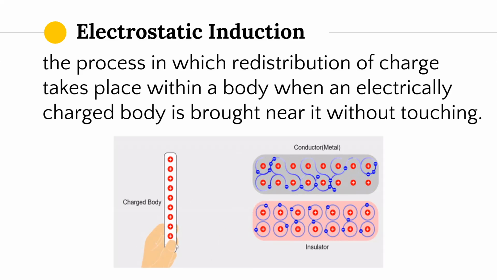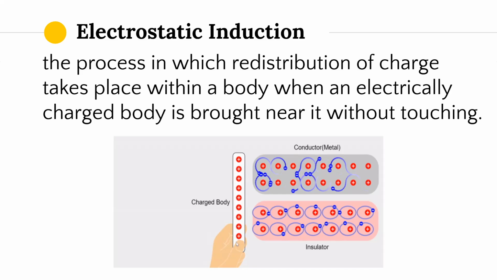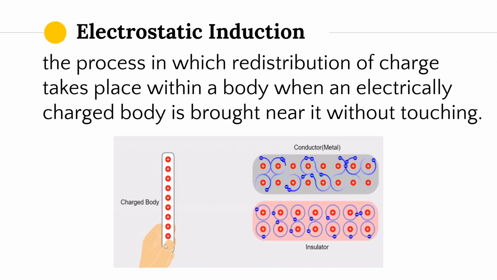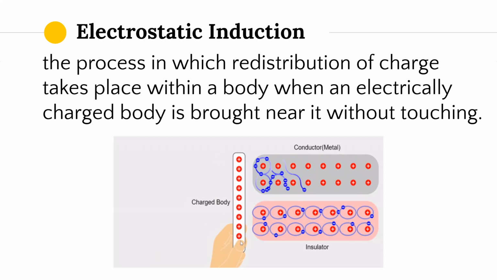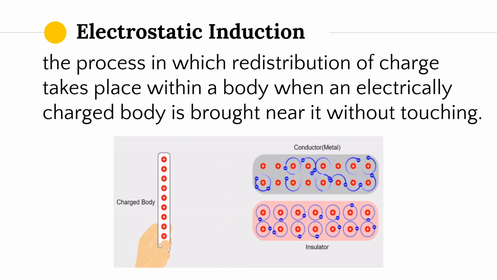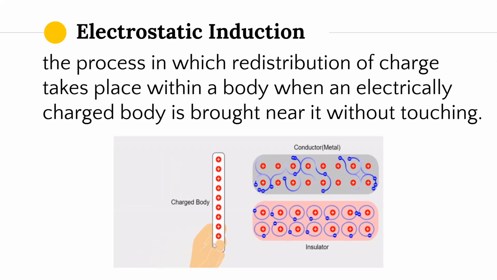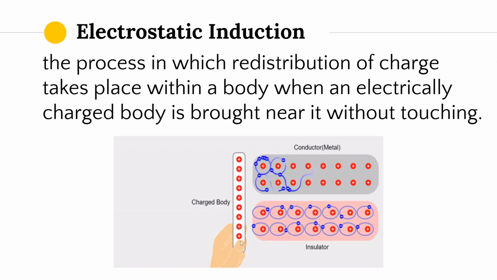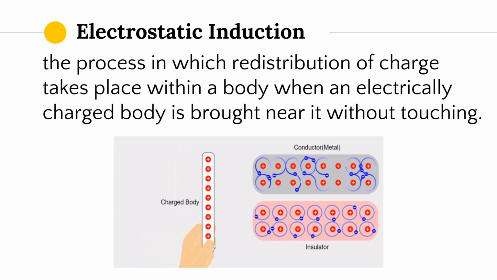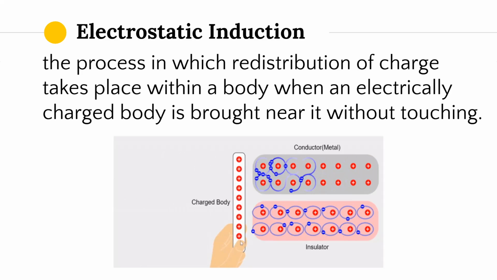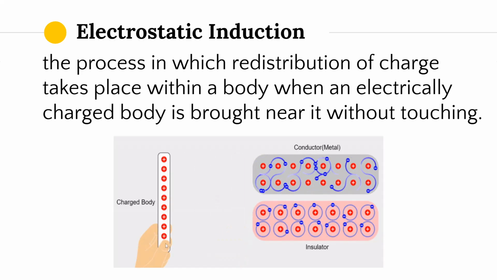Okay, in the insulator, rather than the electrons moving freely, they are kind of locked up in those orbits because an insulator doesn't allow the free flow of electrons. It's going to be something like a rubber or plastic or something like that. They can't flow through it, but they can still have polarization because it can cause the distortion of the electron orbitals.